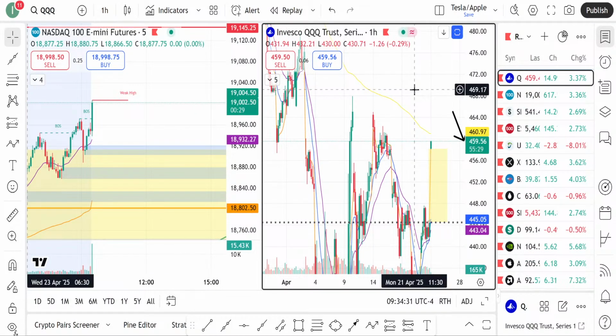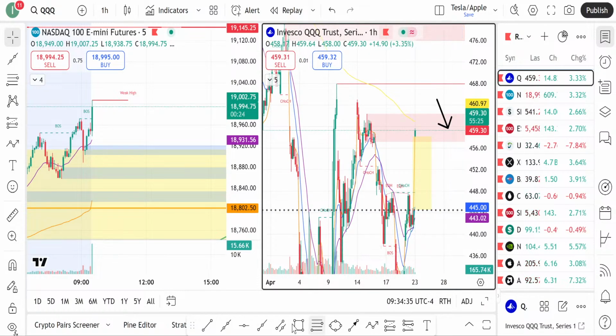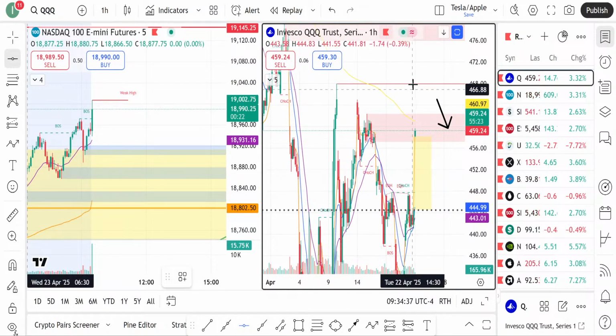I'm practically just gonna do the same thing here on the QQQs as I did on the NQ. Just quickly mark support resistance.